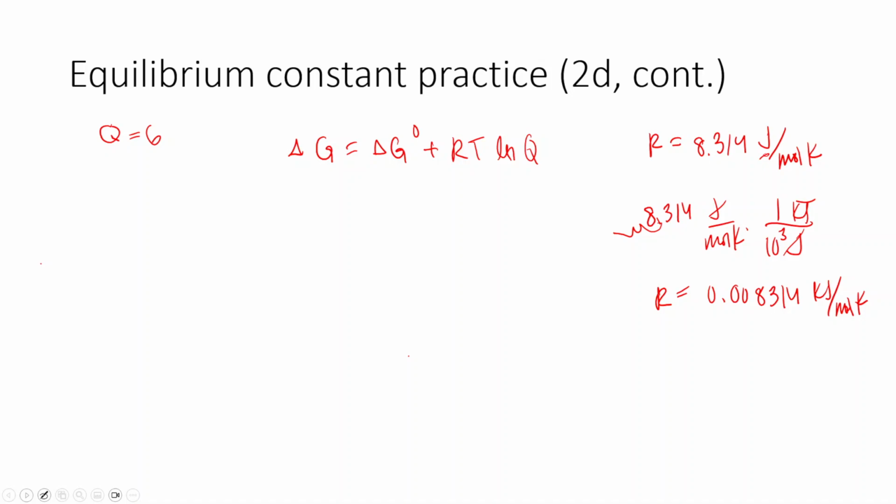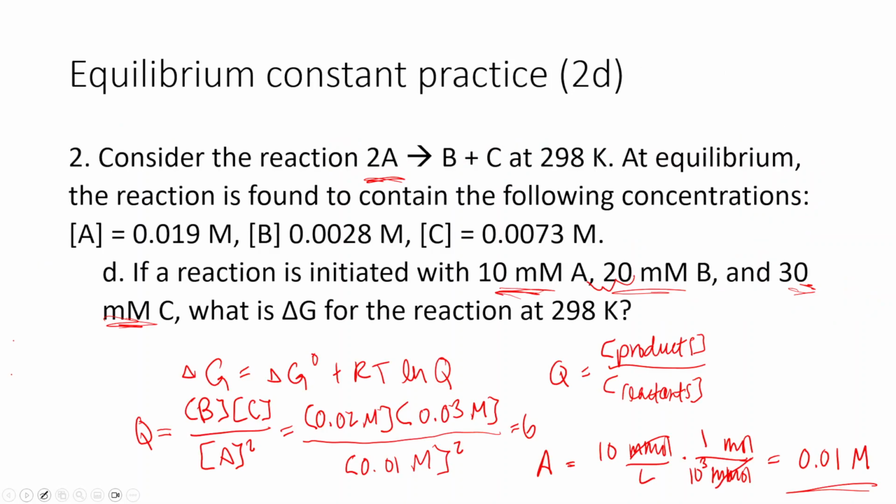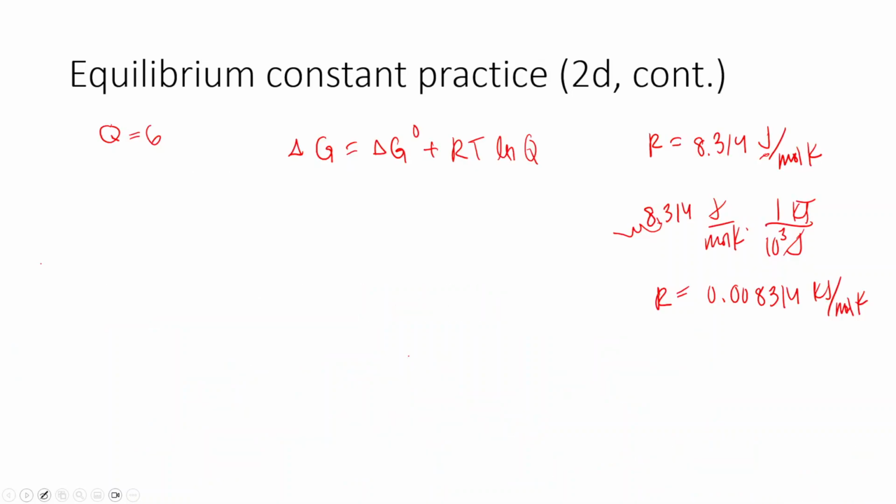And so, what else do we need to know to solve this? We need to know T. So in our question, we know that T is 298 K. So throw that over here.